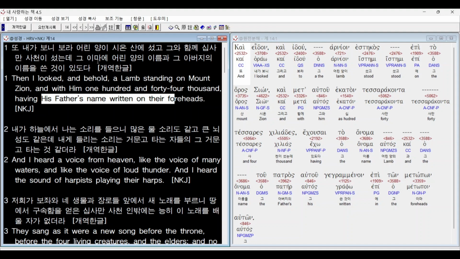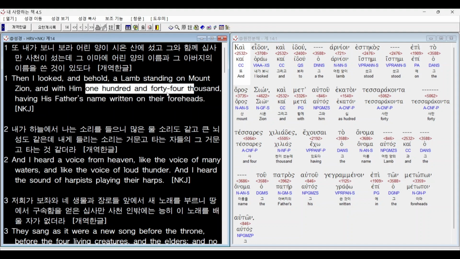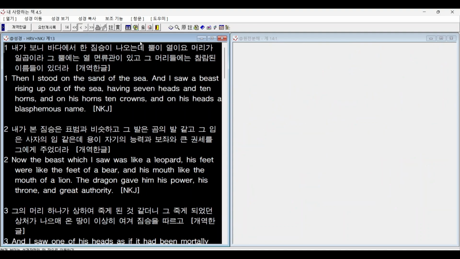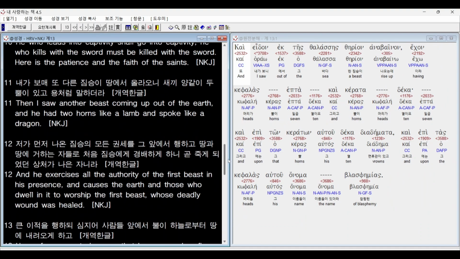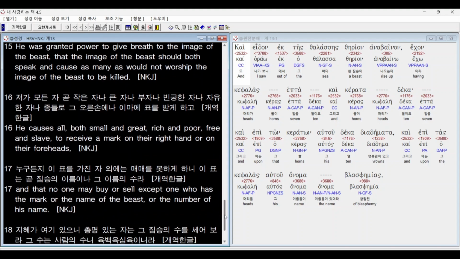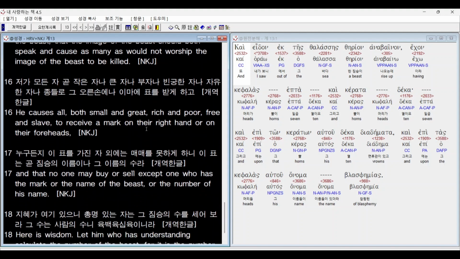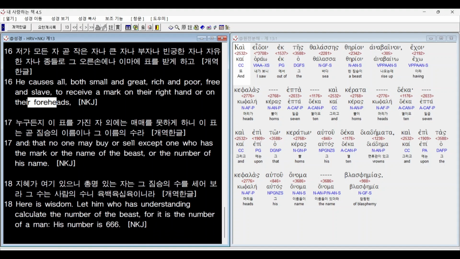But here, they are not receiving the 144,000. They are receiving what? 666, right? So then the mark is on their right hand or on their forehead. And no one may buy or sell except one who has the mark or the name of the beast.